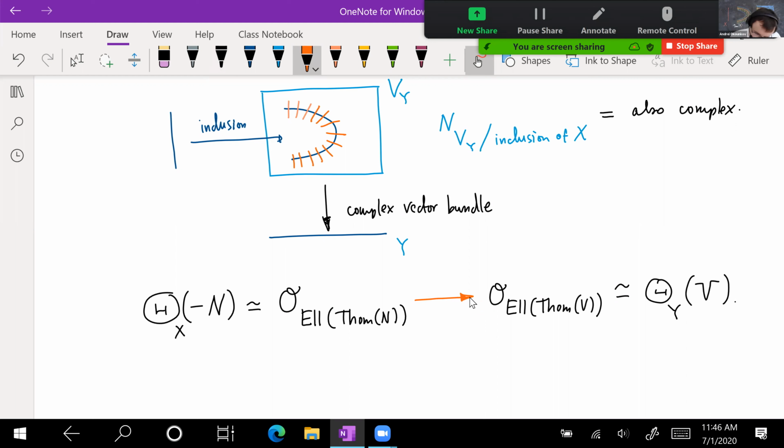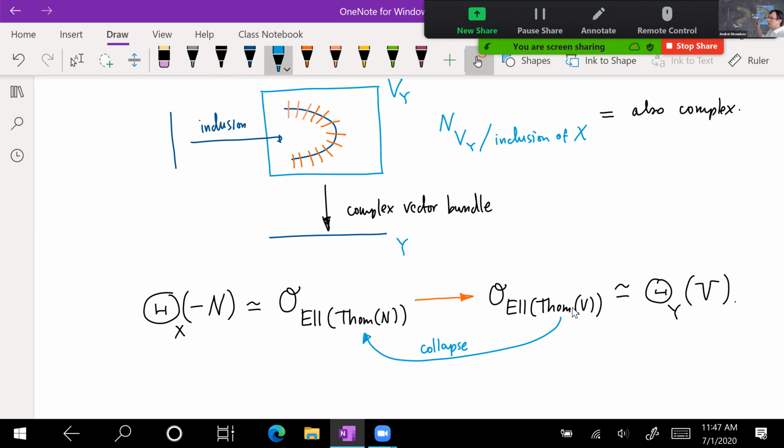This map is induced by a collapse map. From the Thom space of V, I can take everything which is not in the neighborhood of X and collapse it to a point.